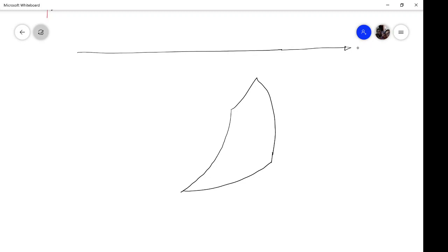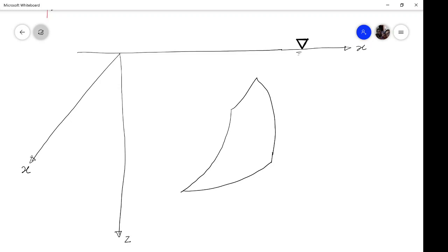Assume this axis to be the x-axis and this axis following the right hand rule: x, y, and this will be z. Let us say this axis is resting on the free surface of water.